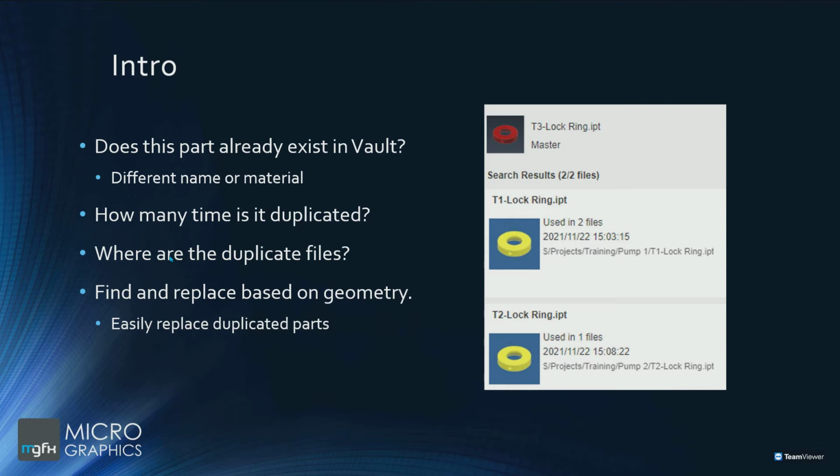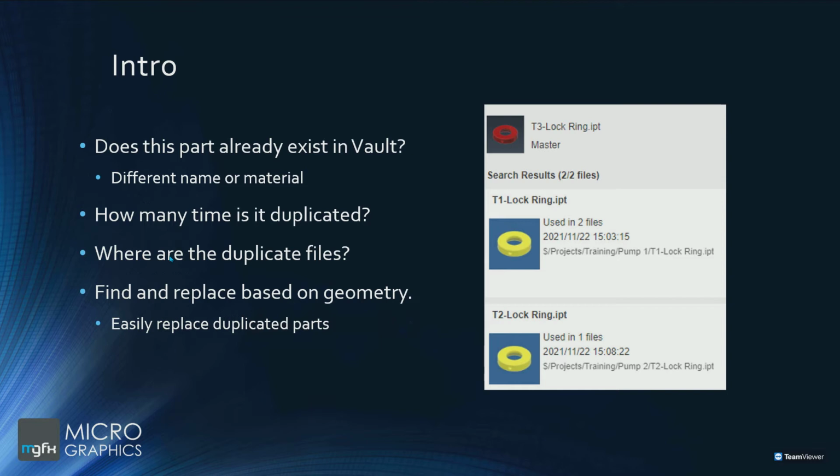Duplicate search will also help you figure out how many times an actual file is duplicated. You may have designers that keep downloading a component off a website and put it into their design, give it a different name, and check it into Vault. So you may want to run a search through Vault and see how many times we actually have this component duplicated in Vault, and also where those duplicate files are, and essentially where they are being used.